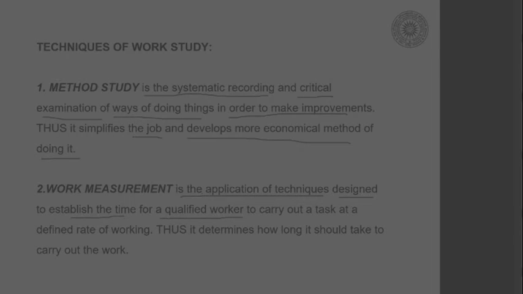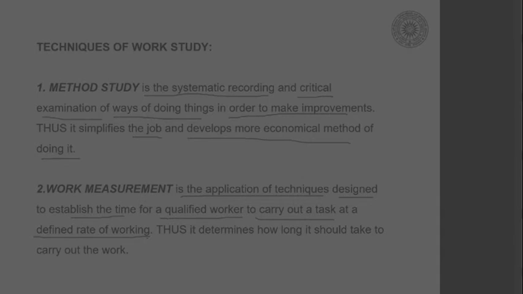So it's an application of techniques designed to establish the time for a qualified worker to carry out the task at a defined rate of working. Normally it is assumed that a labor can work 8 hours per day, and he does so much of the excavation work. If a turner is there, he can produce this much machining per hour or this much casting per hour.